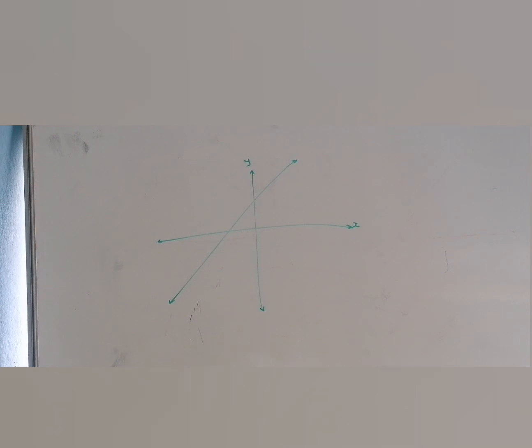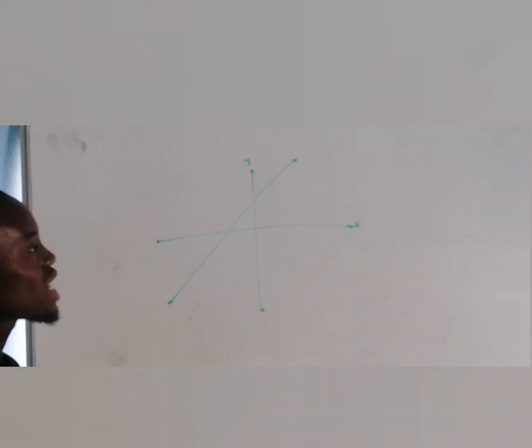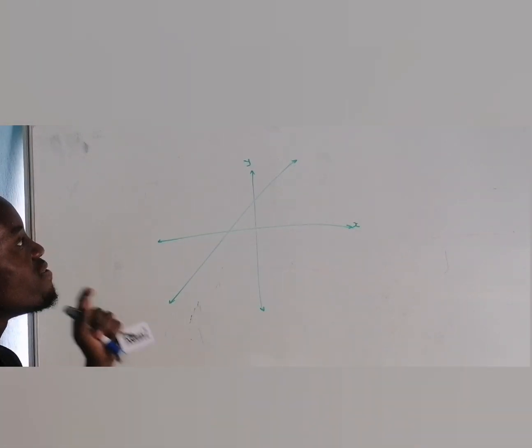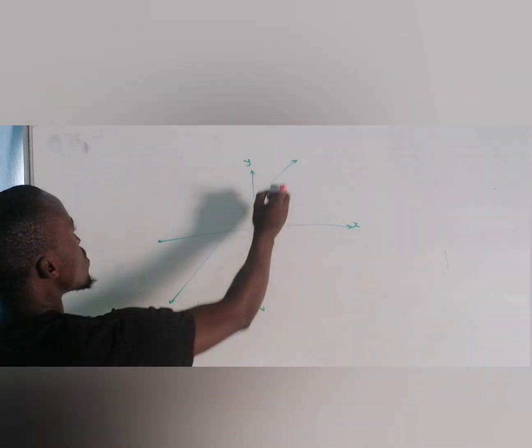Suppose you are given the graph that you see on your screen, and they want you to determine if this graph is a function and what type of function, and you must provide a reason why you say it's a function and why you say it's one-to-one or many-to-one. The first thing to do, remember, before you use a horizontal line test, is to start by using a vertical line test.